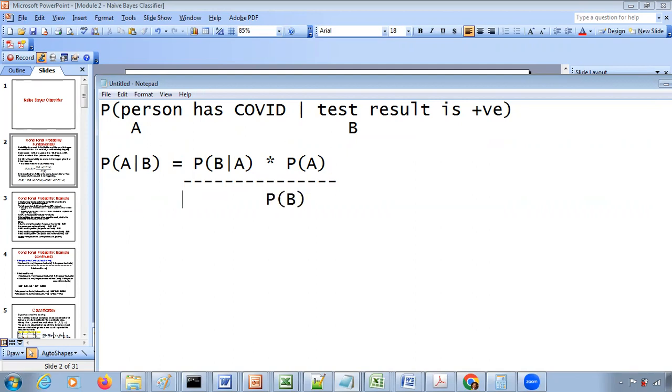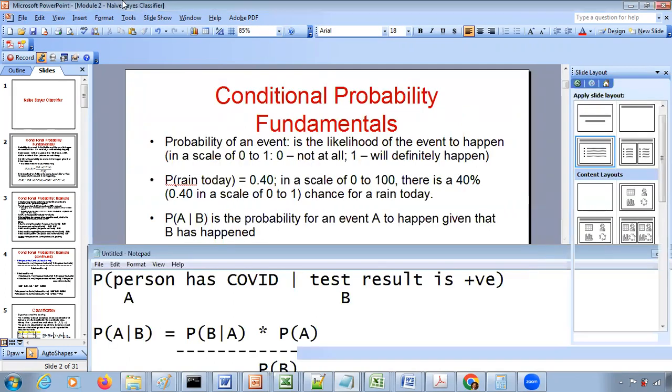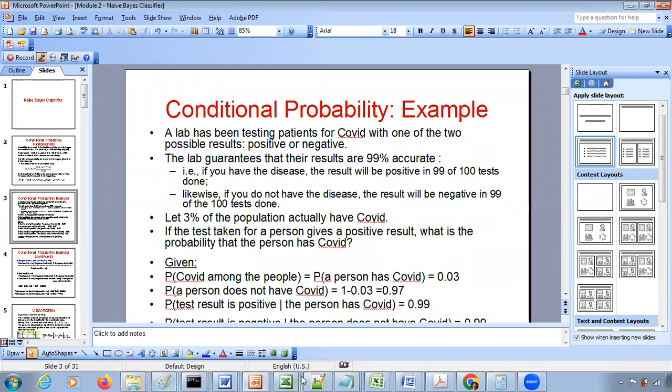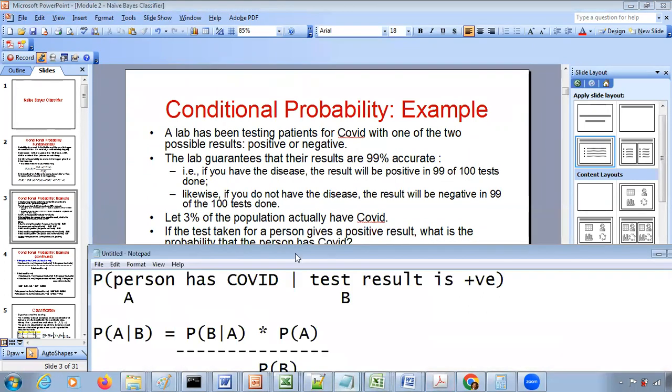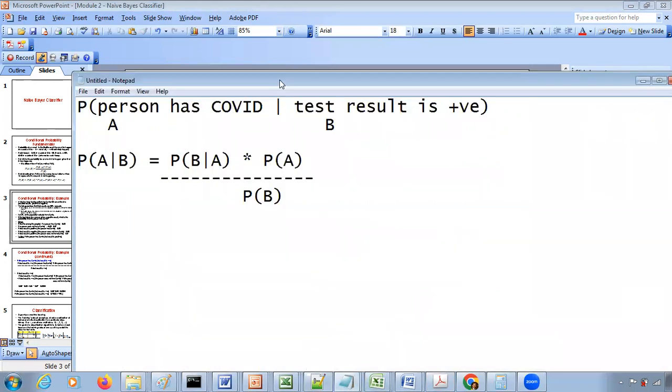So what is something we know here is there is 3% of the population actually has COVID. So probability of a person to have COVID is 0.03.